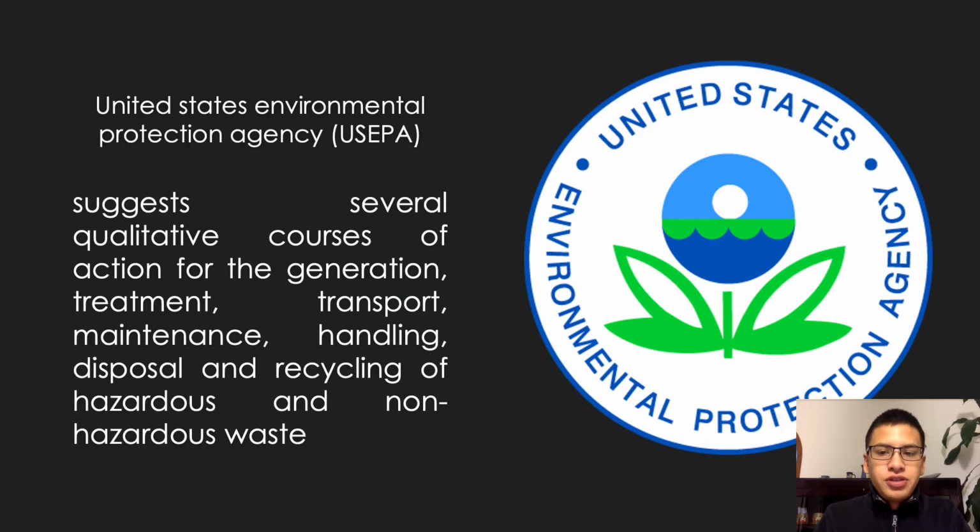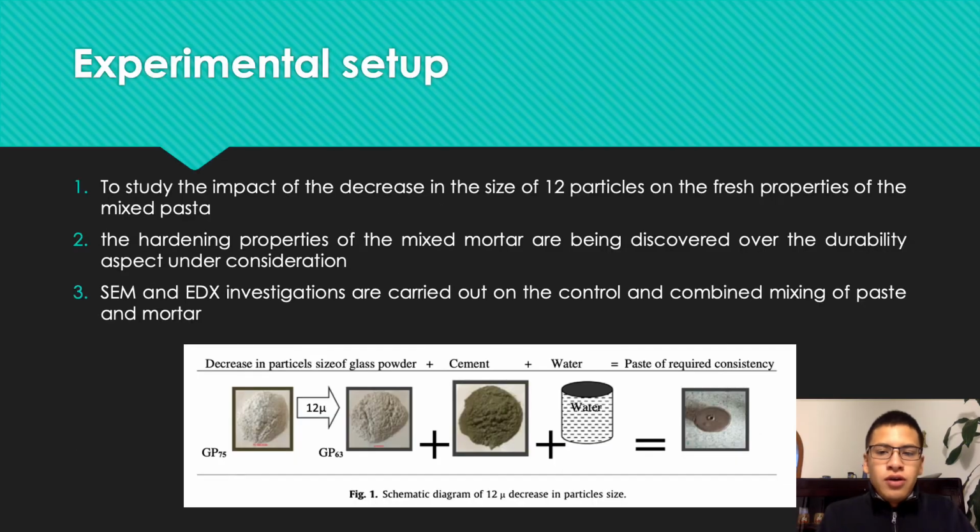For this, the United States Environmental Protection Agency has suggested several qualitative courses of action for the generation, treatment, transport, maintenance, handling, disposal, and recycling of hazardous waste. Finally, in the introduction, the experimental configuration that is intended to be followed in this study is presented.